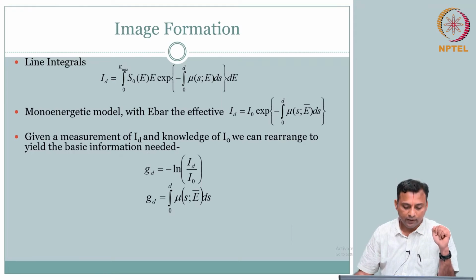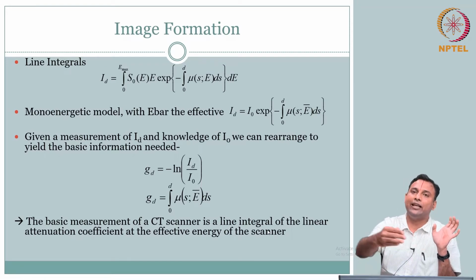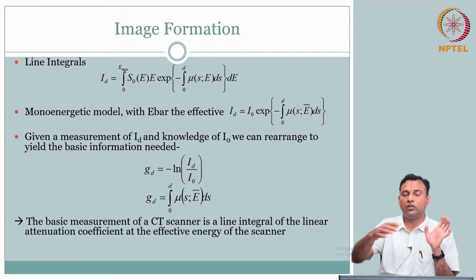Okay. So the idea is the basic measurement of a CT scanner, the raw measurement, is a line integral. From this raw measurement, which is a line integral, we need to construct the image.